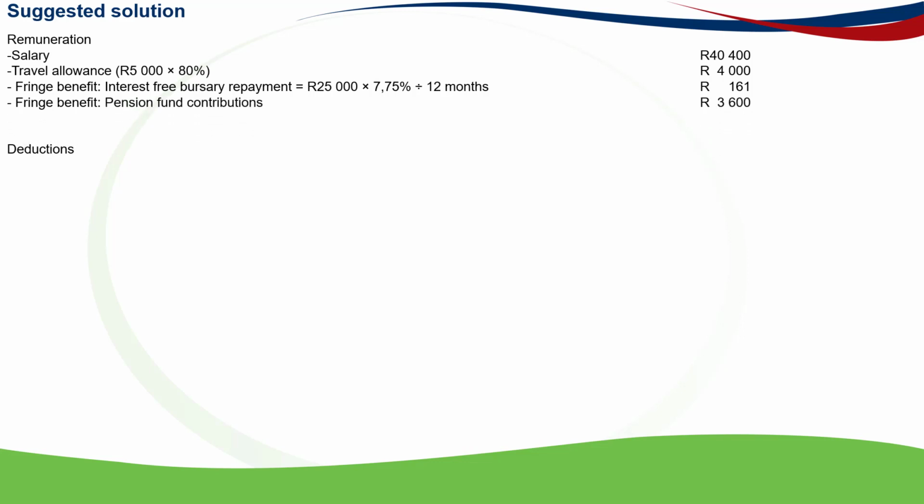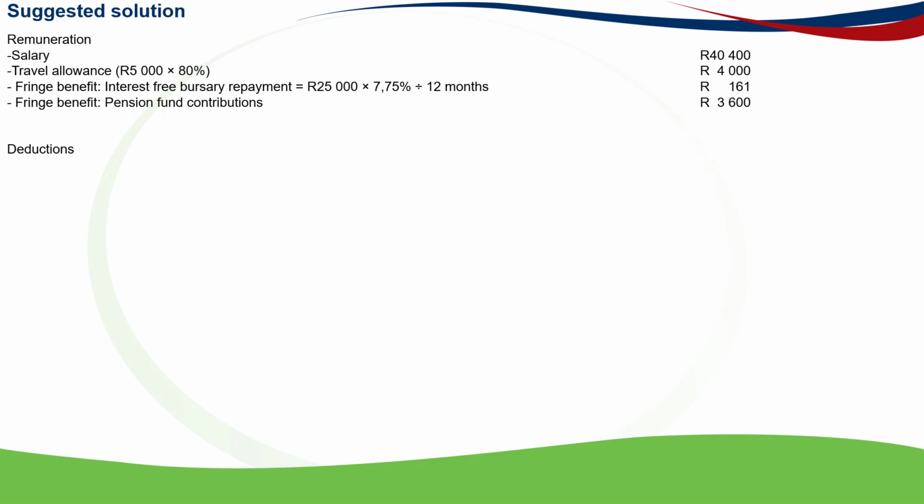Pension fund contributions made by the employer for the benefit of the employee will result in a taxable fringe benefit, which is also remuneration, amounting to 3,600.